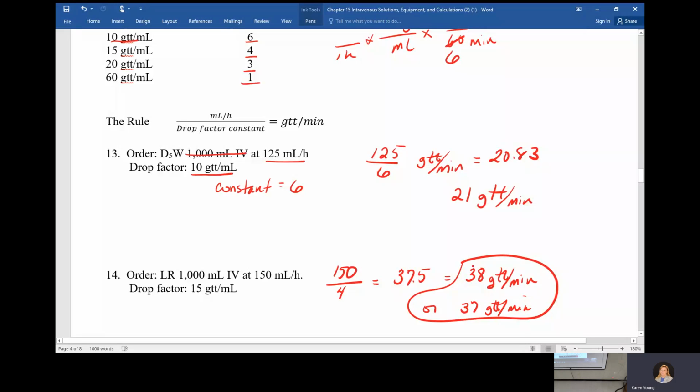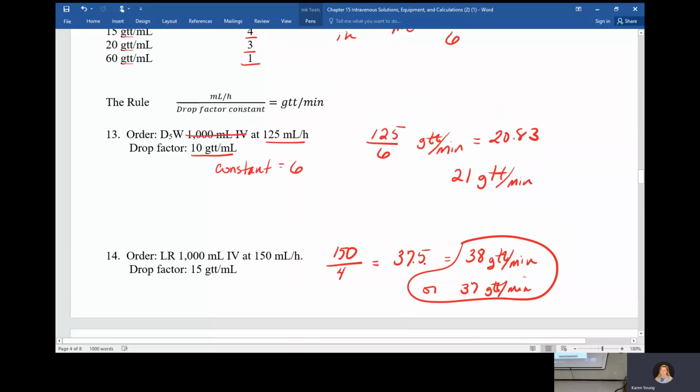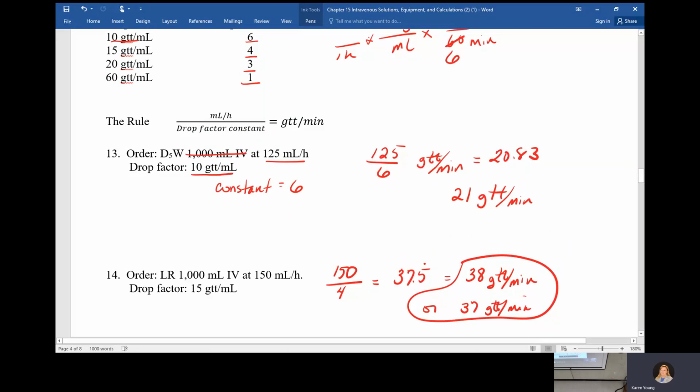Okay, so did we all get 38 or 37? So what I will do on these, the questions for the drops per minute flow rate or the milliliters per hour flow rate will always say find the flow rate. You can choose whether or not to use the shortcut method or go the long way, whichever is appropriate.